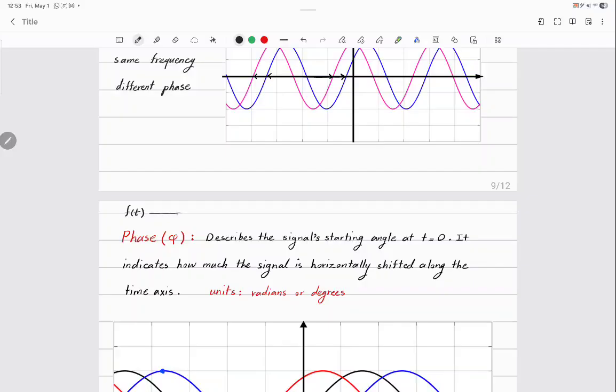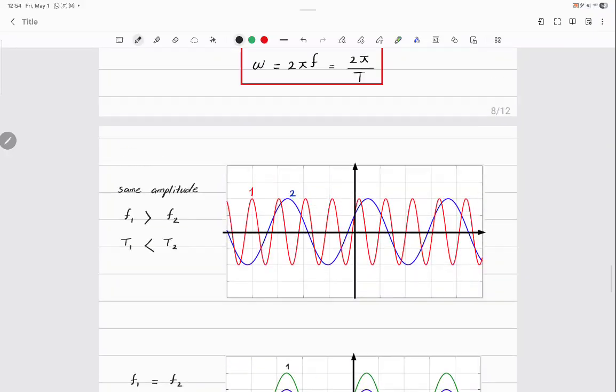If you have the plot of f(t), are you able to plot f(t+2)? Do you remember how you did that? You moved it to the left by 2 units. What if it was t minus 2? You moved it to the right by 2 units. Okay, it was the opposite. Positive 2 moved it to the left, negative 2 moved it to the right. Okay?